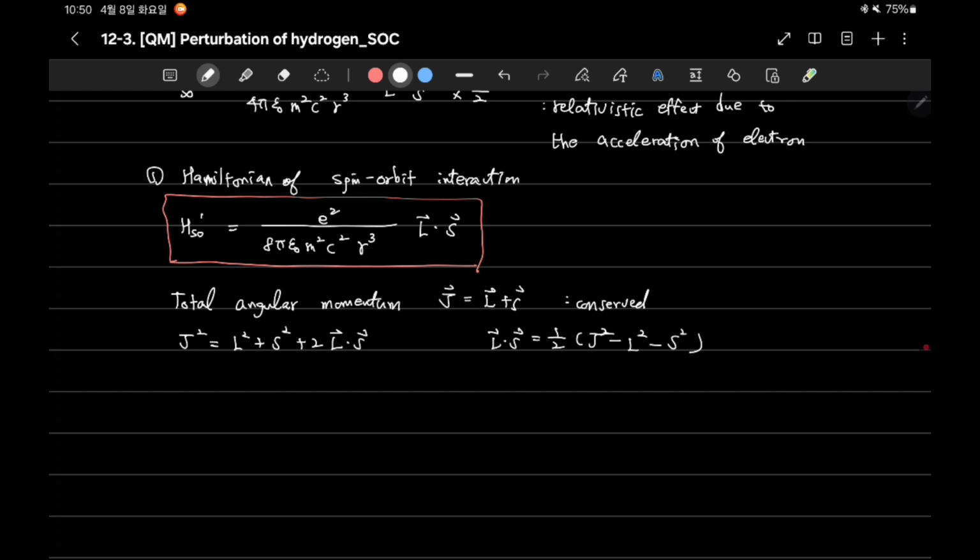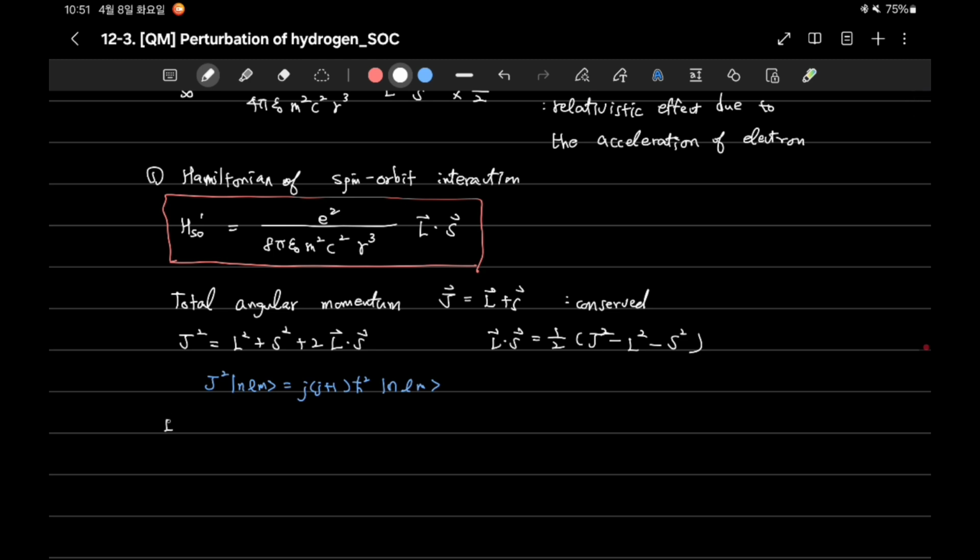And it is well known that J squared acting on |n l m> gives j(j+1) h bar squared, and also L squared and S squared behave in the same manner. So it is not surprising; here we can well define this L dot S.